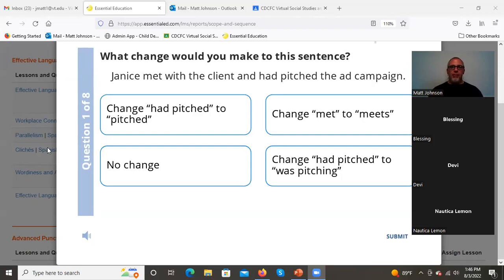So Janice met with the client and pitched the ad campaign. So simple past tense. That's all we need. That's what we start with. Janice met with the client, right? And pitched the ad campaign. So turn had pitched to just pitched.